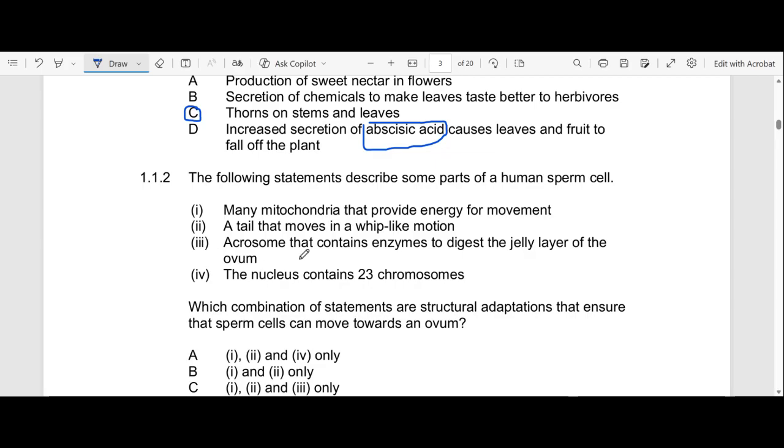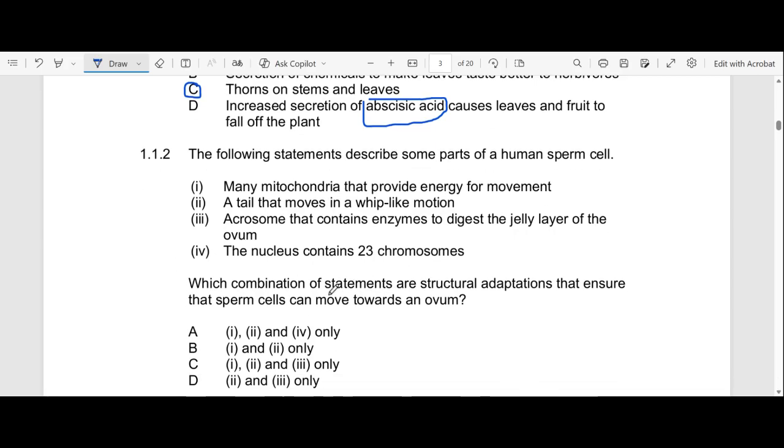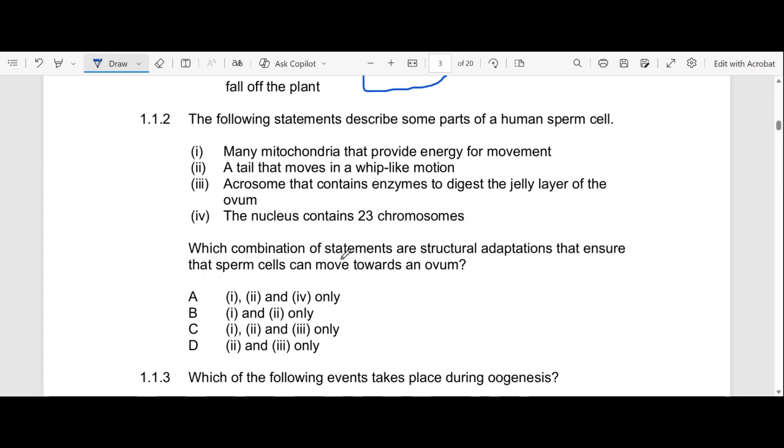Roman numeral 3, an acrosome that contains enzymes to digest the jelly layer of the ovum. Then Roman numeral 4, the nucleus contains 23 chromosomes. Now let's go to the question. Which combination of statements are structural adaptations that ensure that sperm cells can move towards an ovum?